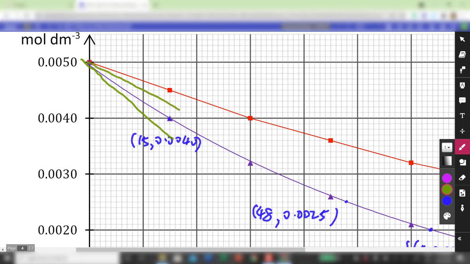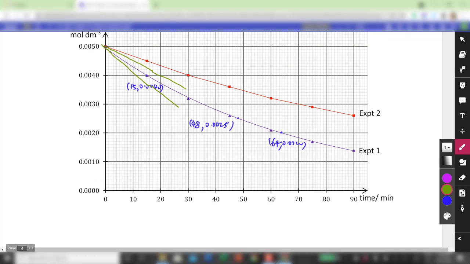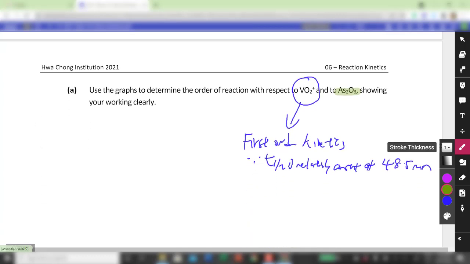And then of course in that case you can compare the two. When you compare the two, you realize that one slope is steeper than the other. In this case, experiment 1 slope is about double that of experiment 2. If you do a quick calculation, you should be able to obtain that, and with that you should be able to conclude that the order of reaction with respect to As2O3 is also 1. So first order.